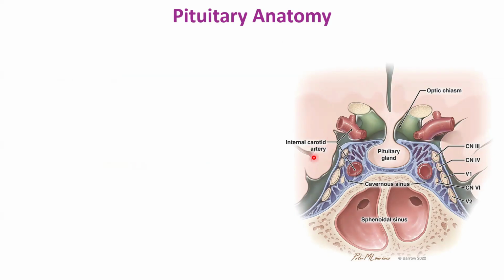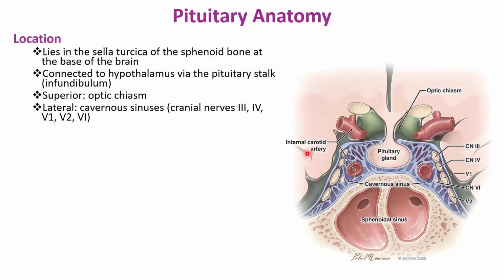Now, what is the location? Just remember this is a review of anatomy. The pituitary gland lies in the sella turcica, of the sphenoid bone at the base of the skull.